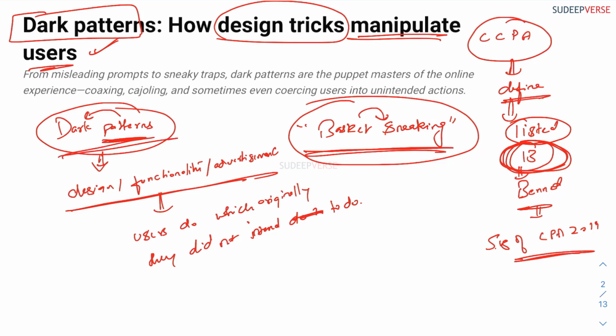So you are creating a trap for the users to do an action which they didn't want to do. This is what dark patterns are.